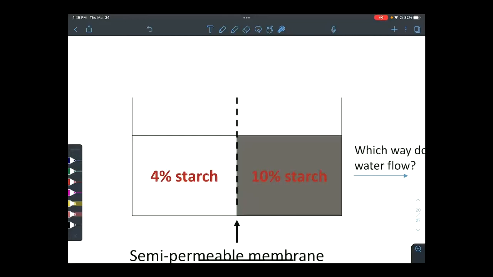So our goal here is to get the same concentration of starch on either side. Which way does water have to move? Talk about it with someone. Oh, also the answer is on the next slide, so if you want to check.